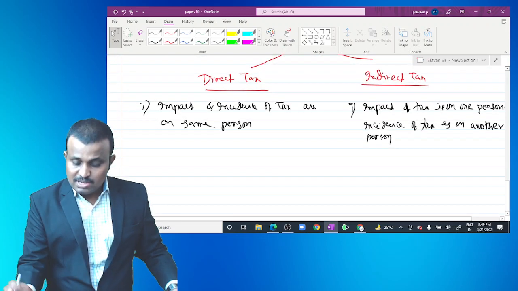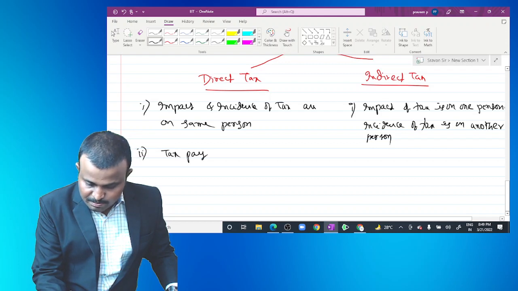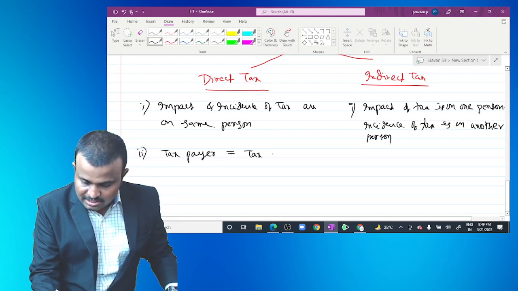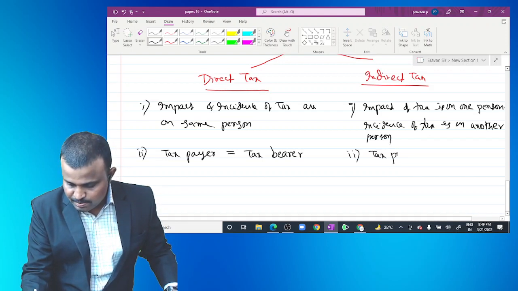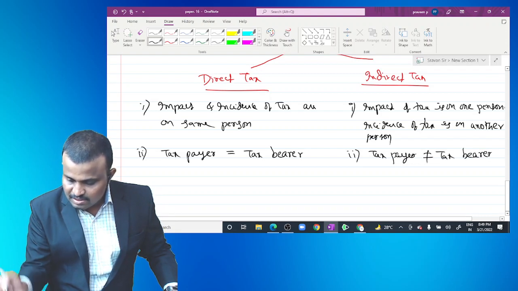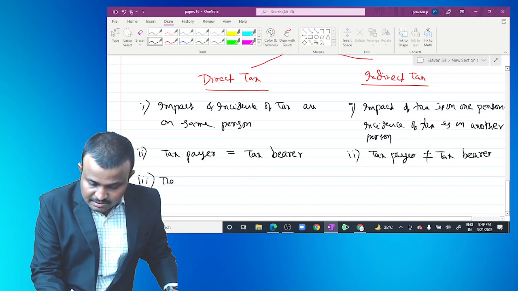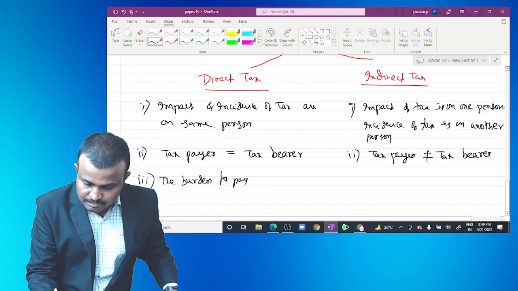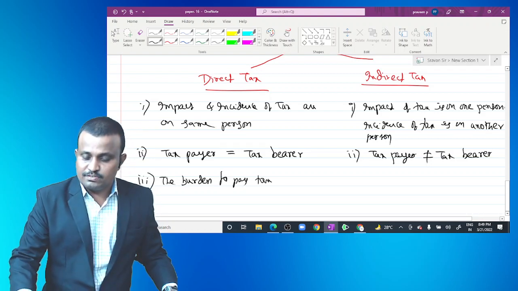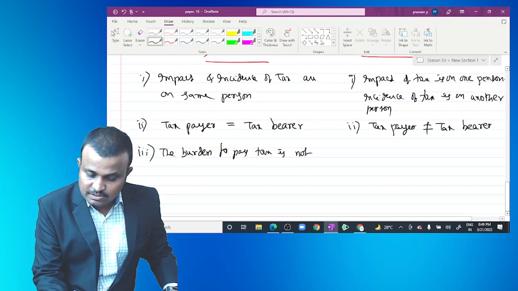Coming to the second one, here taxpayer is equal to tax bearer. Here taxpayer is not equal to tax bearer. And as we said, the burden to pay the tax is not shifted.